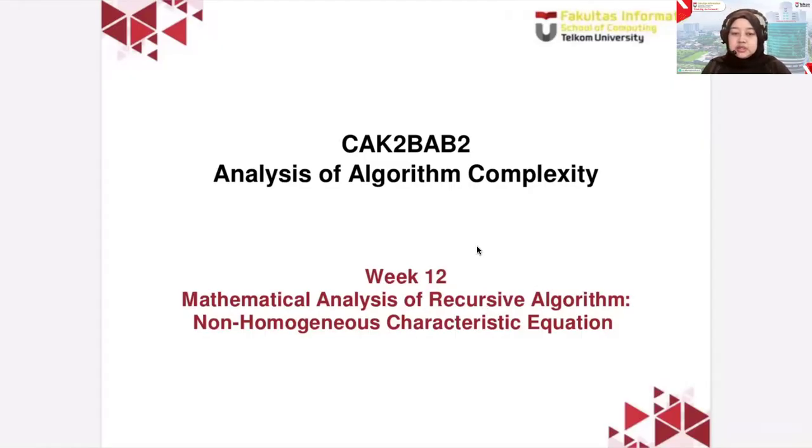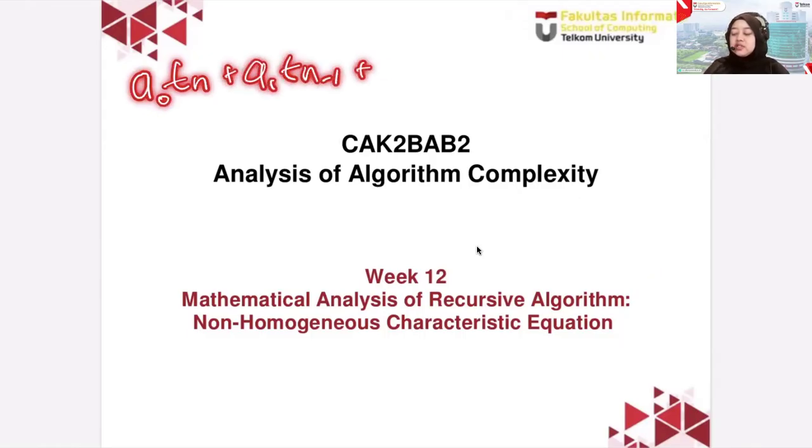So, this week, we will learn about the mathematical analysis of a recursive algorithm again. Last week, we learned about the homogeneous characteristic equation, which is how to solve a recurrence relation by using it, where we have the recurrence relation in the form of a0 Tn plus a1 Tn minus 1, and so on until ak Tn minus k equals 0.